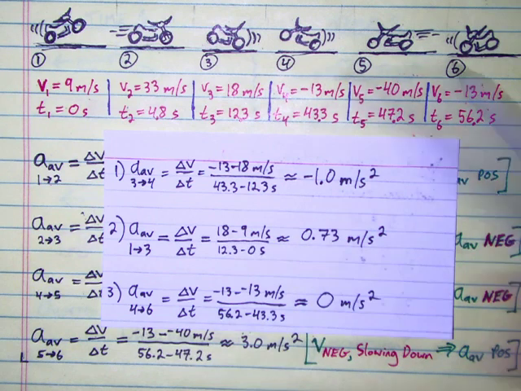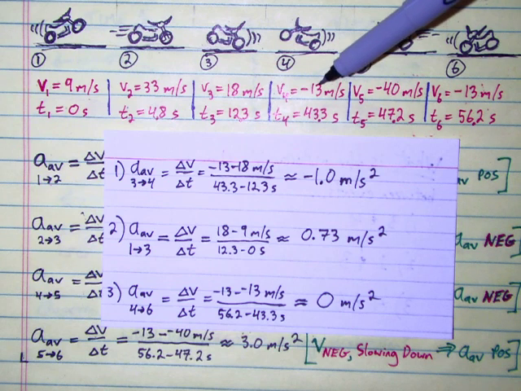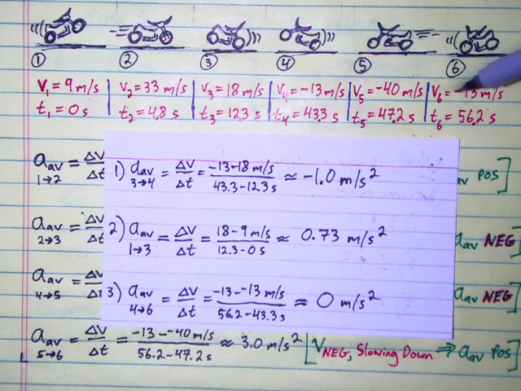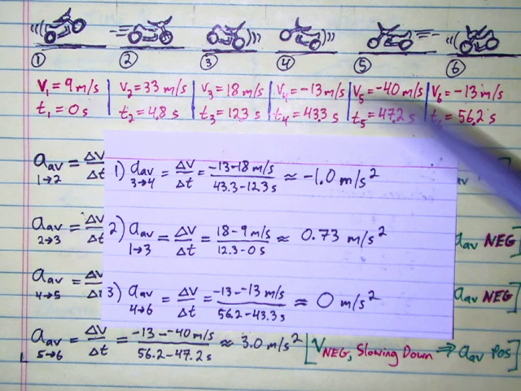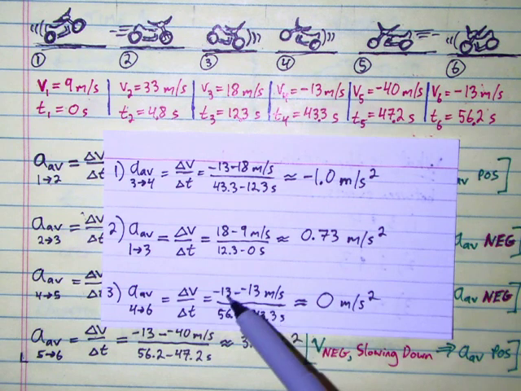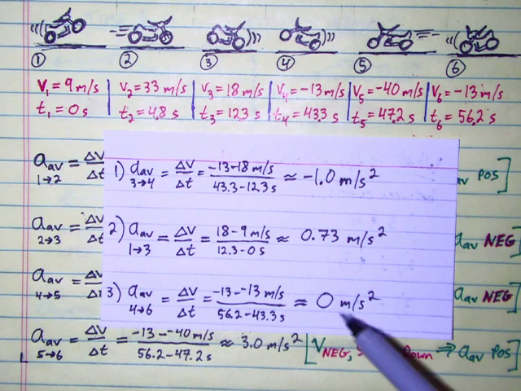And then from events 4 to 6, his velocity at event 4 was negative 13, and at event 6 it was also negative 13. So his velocities were the same at those two events. It was different in between. He sped up in between those two events, but he ended at the same velocity where he started. If you end at the velocity where you start, the change in your velocity is 0, so you have a 0 average acceleration.